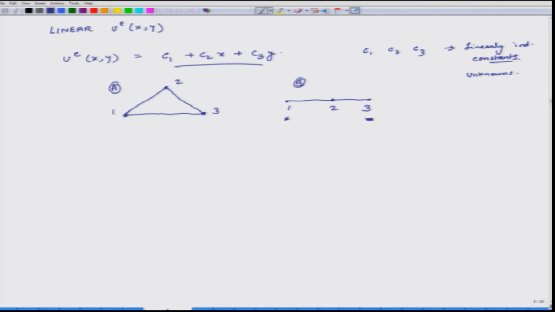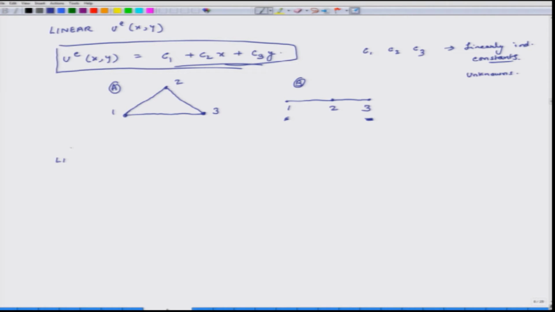Okay. So, if I have this type of a function such that the displacement over the element is varying in a linear way, then that corresponds to a triangular element with 3 nodes.